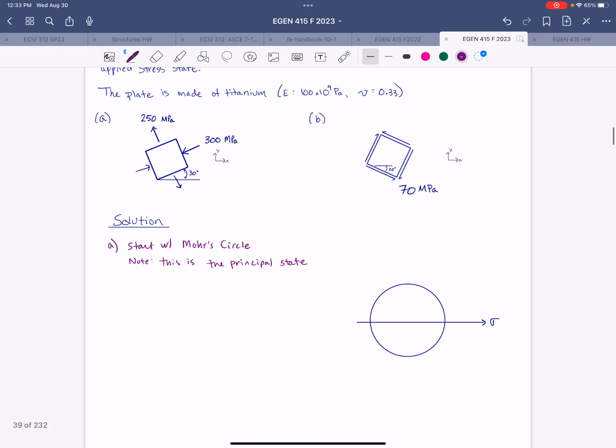And so our reference point, if we're using the right face, from our X, Y orientation is just this guy right here. So our reference point would be negative 300 and 0.